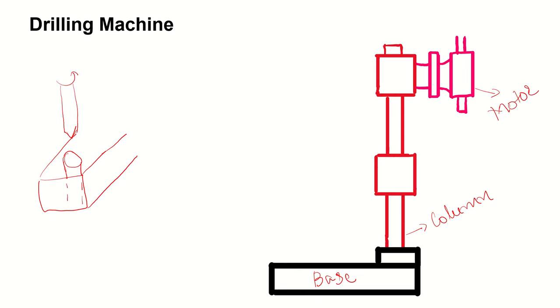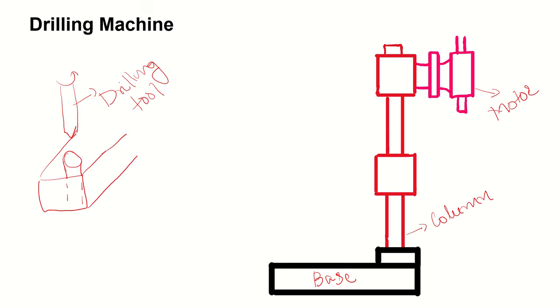This is called the drilling tool. So definitely the drilling tool needs to rotate, and to make it rotate, a motor should be attached. That motor is attached to the column, and when the motor is started, it will give a rotary motion, but it needs to be transmitted to the tool.